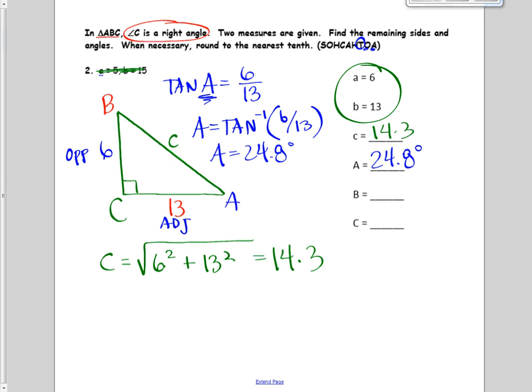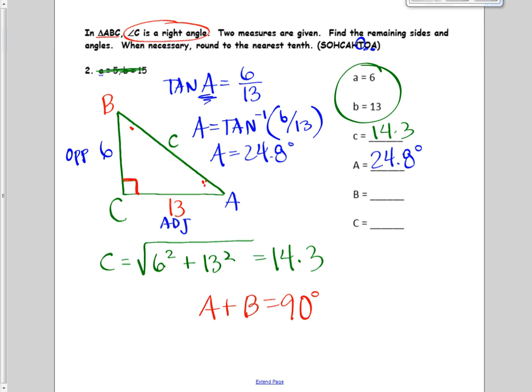And then for angle B, I know that angle A plus angle B has to be 90 degrees, right? Because it's a right triangle. So if this is already 90, then these two added together have got to come out to be 90 degrees.